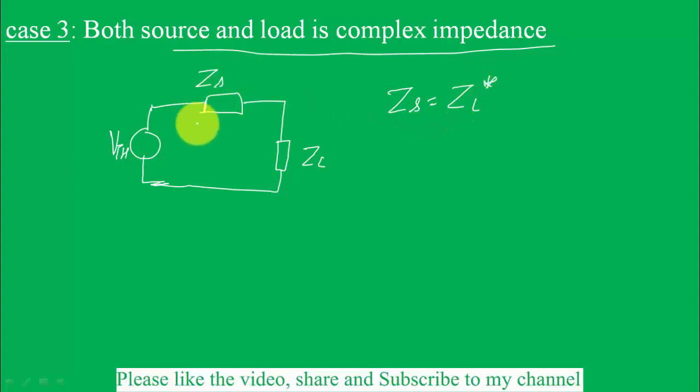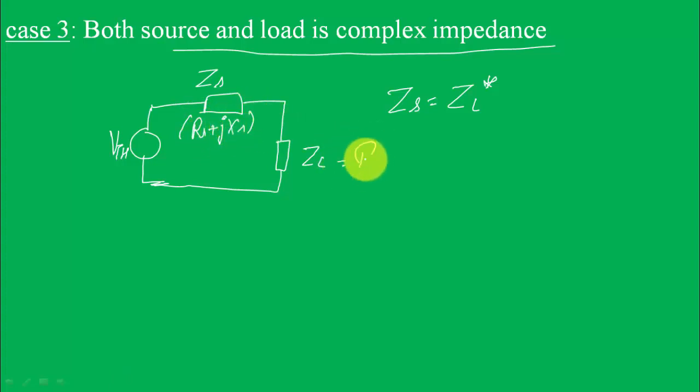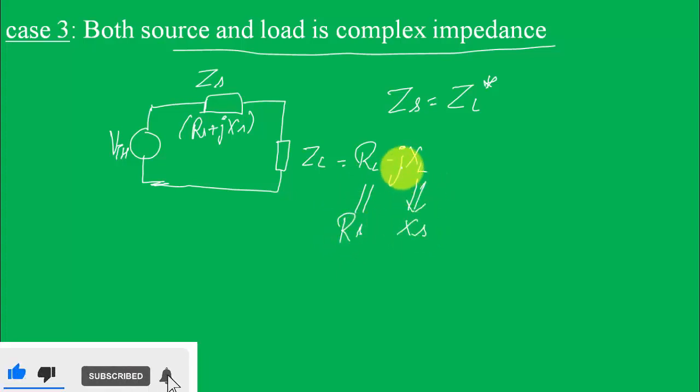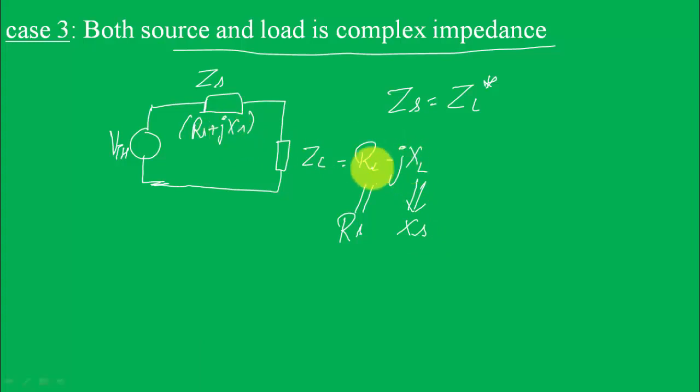Or if ZS is RS plus J times XS, then ZL should equal RL minus J times XL, where RL equals RS and XL equals XS, because you have already taken the conjugate. Able to follow?